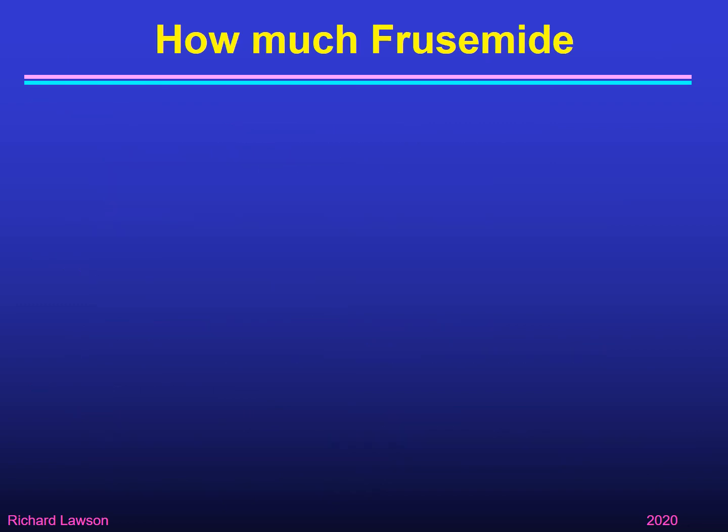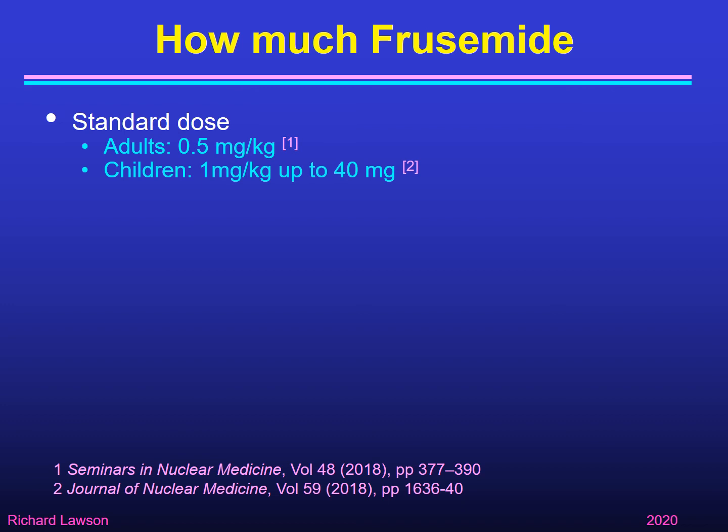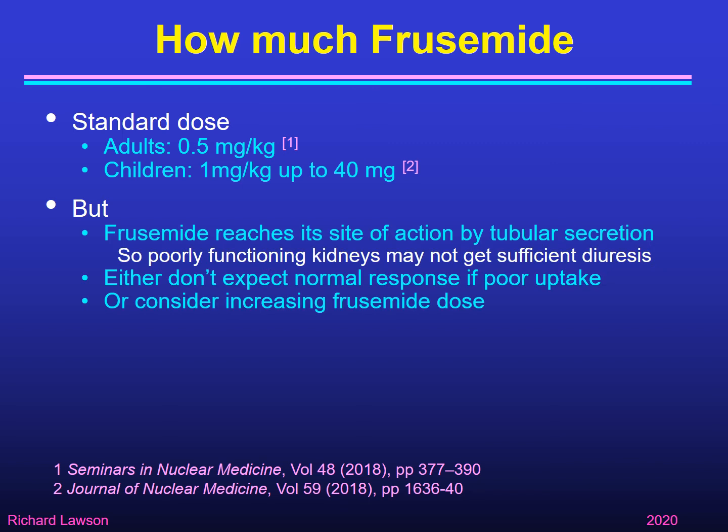The other thing is how much frusemide to administer. The standard dose for adults is 0.5 milligram per kilogram, and for children it's 1 milligram per kilogram up to 40 milligrams. However, you have to remember that frusemide reaches its site of action by tubular secretion. It has to be secreted into the renal tubules in order to have its effect.